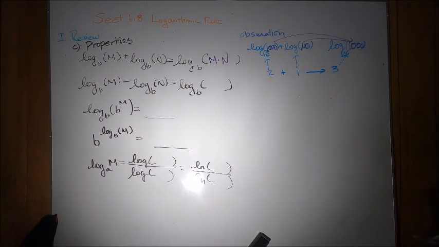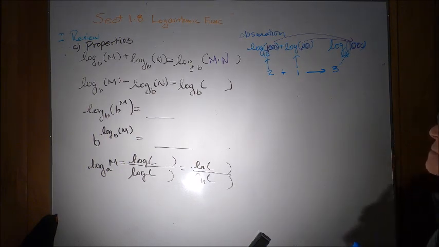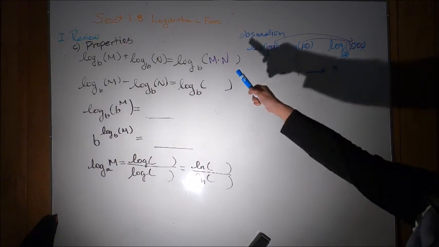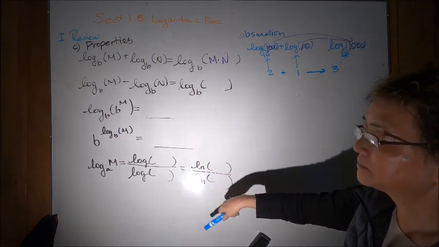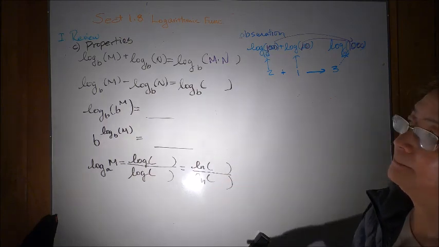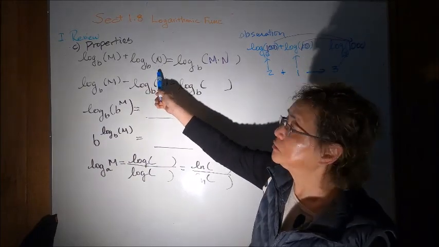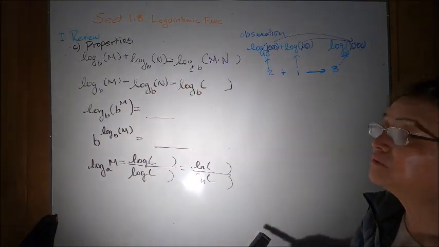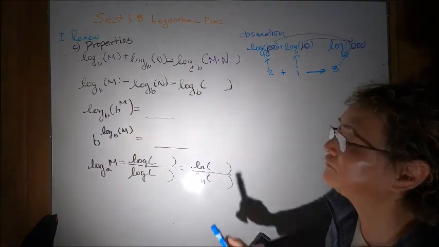Why are we doing this? We are going to use the log properties to simplify them. Just like with fractions, when you add two fractions you want to make one fraction, a simplified form. If you subtract fractions, you make one fraction.